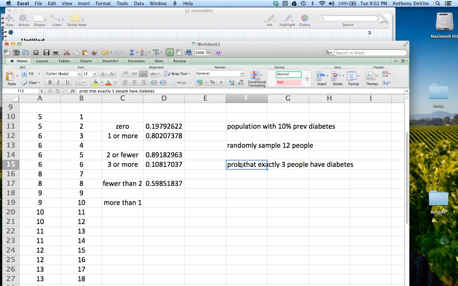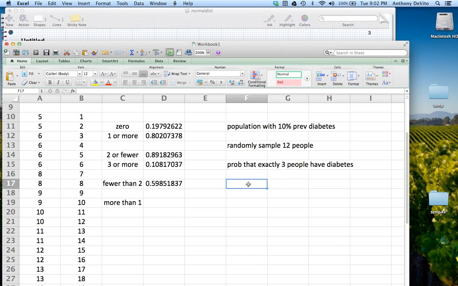Given that we're going to sample 12 people, what's the probability that exactly 3 of them have diabetes? There are many possibilities on how that could work out. Out of the 12 people, it could be no, no, yes, no, no, no, yes, no, no, yes, no, no, or yes, yes, no, no, no, no, no, no, yes, no, no, no, and so on. There's a million ways you could have 3 people out of 12 that have diabetes from this population.